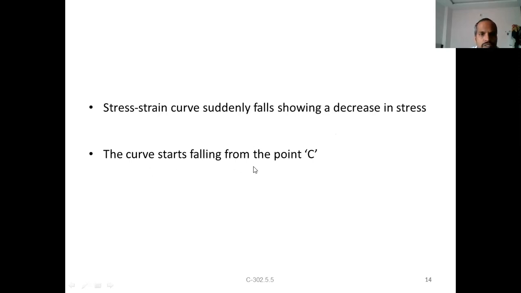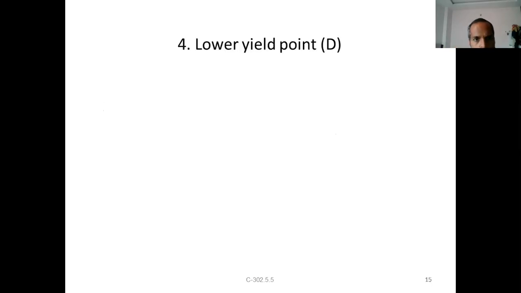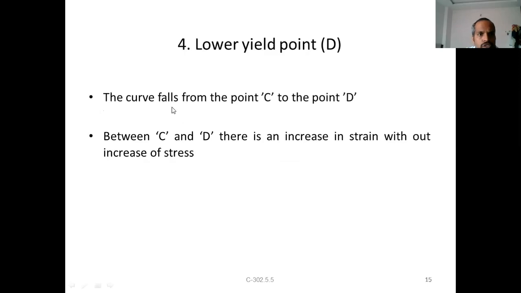The curve starts falling from the point C. This point is known as the upper yield point, the point from which the curve starts to fall. The curve falls from point C to point D. Between C and D, there is an increase in strain without an increase in stress. You see, between C and D we observe this dropping.